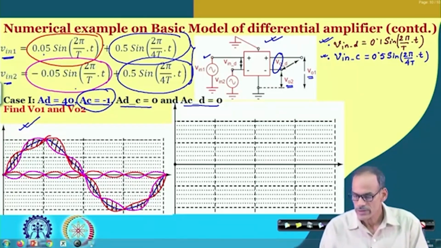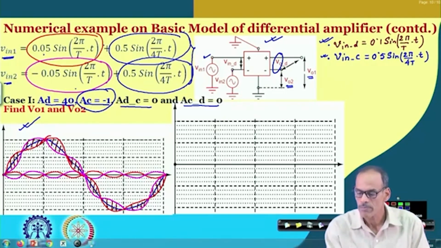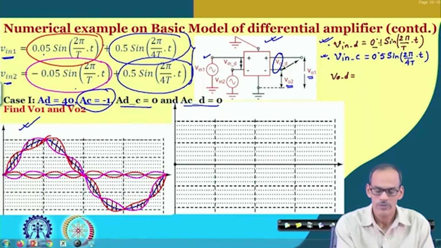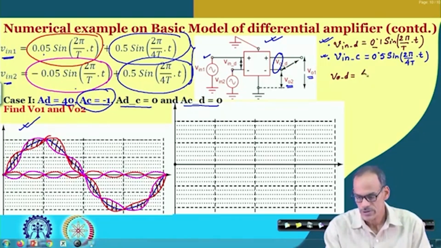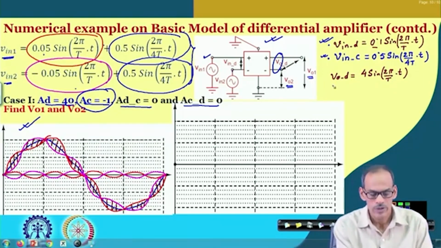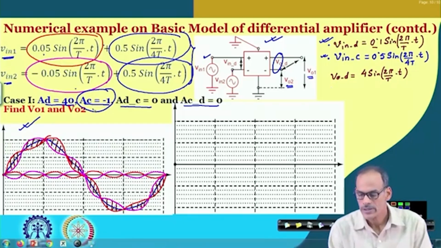As we know, this differential input is producing the corresponding differential output. So, VOD equals this signal multiplied by 40. That gives us 4 sin 2 pi by capital T into small t, and the common mode part we need to multiply with minus 1.